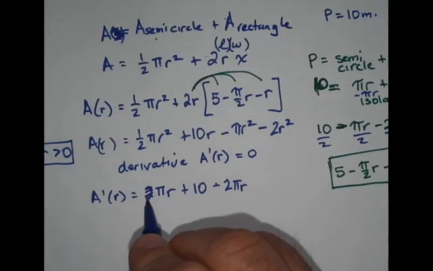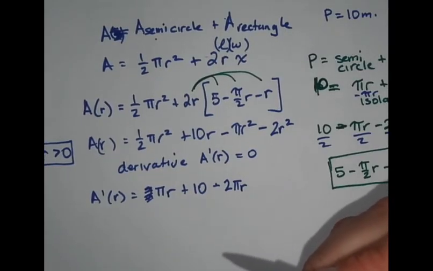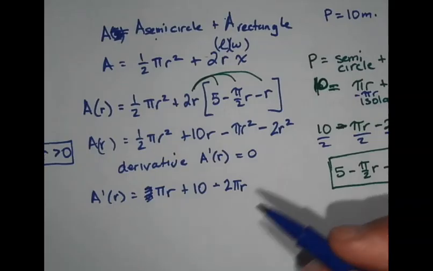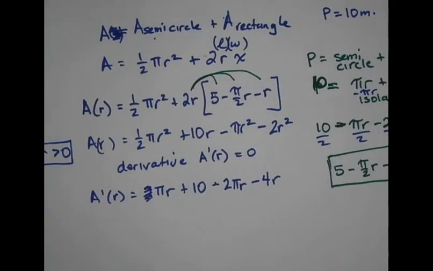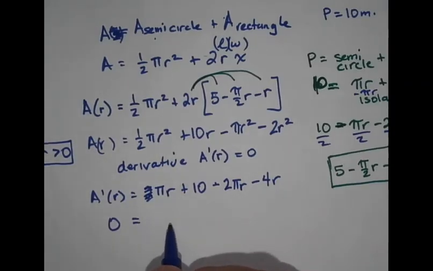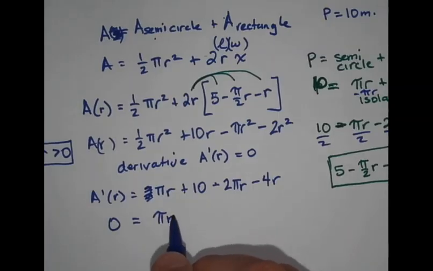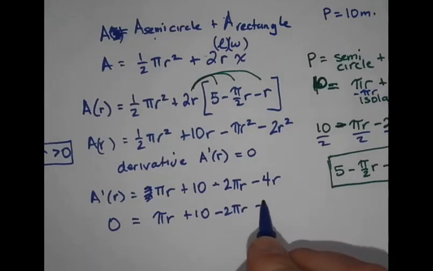Oh, this one's just pi r. And the derivative of that is 4r. I'm going to set that equal to 0. And so pi r plus 10 minus 2 pi r minus 4r.